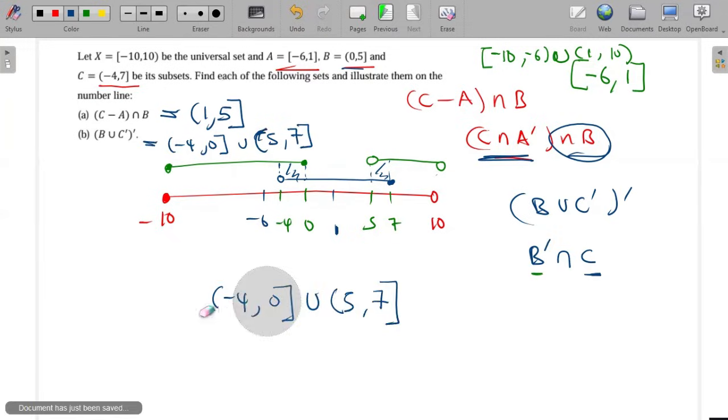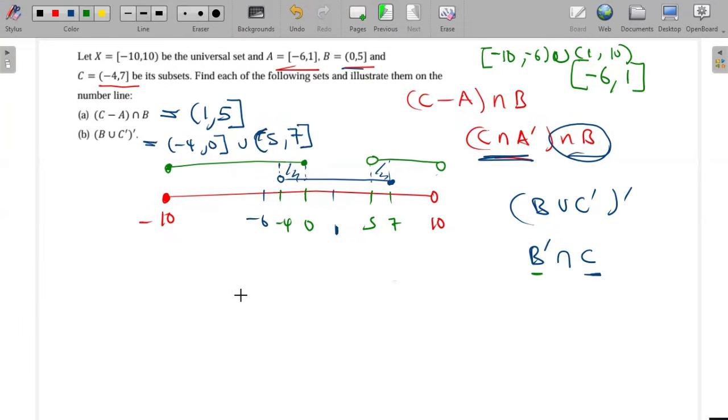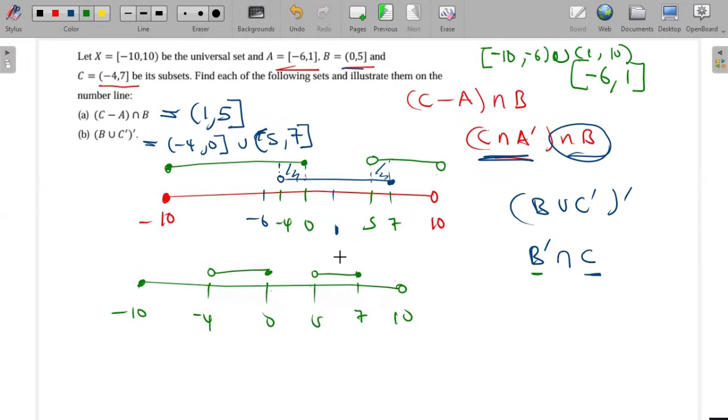This is how it's going to be. If you sketch that alone, it's going to be -10, and then open there, 10, and then -4 to 0, open there, and I close there, and then 5, I open there to 7, then I close there. Okay, so this is how you do these questions on interval notation.